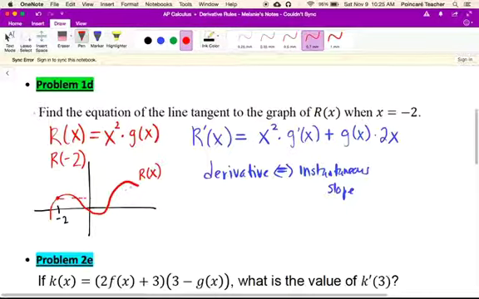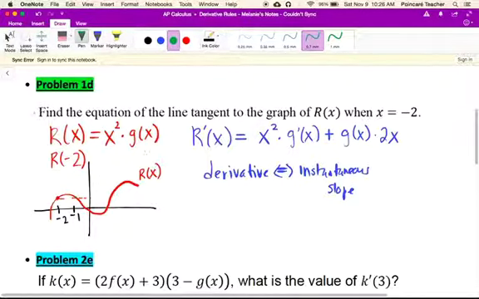This is just a random graph for r of x, but just to give you the idea of what this means, r of -2 means when I plug in -2, that's going to give me the corresponding y value for the x. Similarly, I can do the same thing with any x value. If I plug in -1 into the equation, in essence it should be giving me a y value that goes with that point as well.